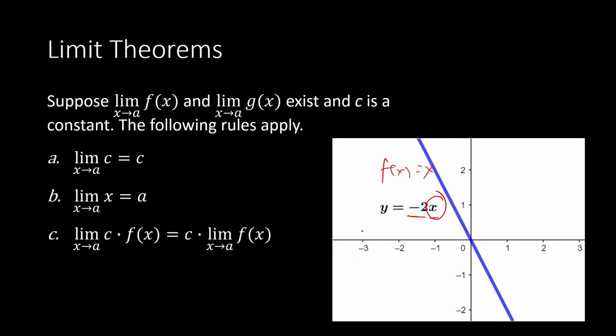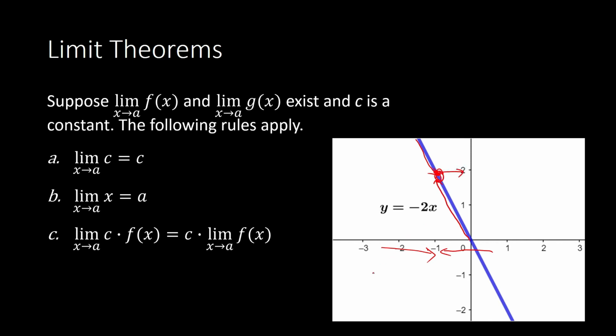So what is the limit of this function when x approaches negative 1? When x approaches negative 1 from the left, our graph approaches that point. When x approaches negative 1 from the right, our graph also approaches that point.